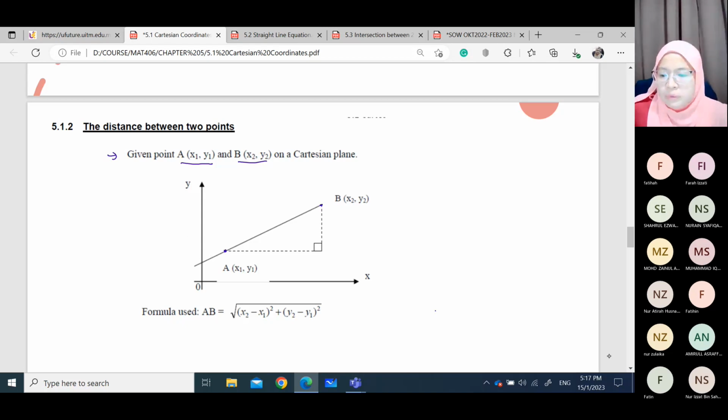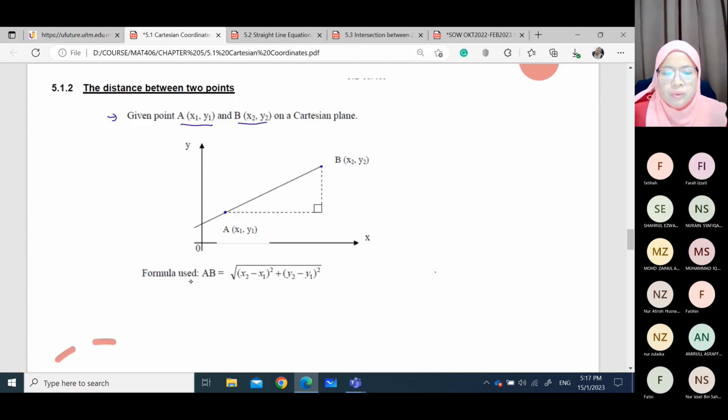Okay, so formula for distance between 2 points is this one, AB. So AB is the distance between A and B points. So it is about square root of x2 minus x1, the difference of x to the power of 2, plus the difference of y to the power of 2. So this is a formula for distance.